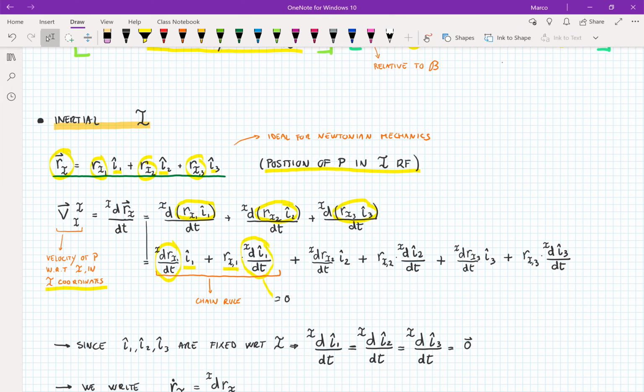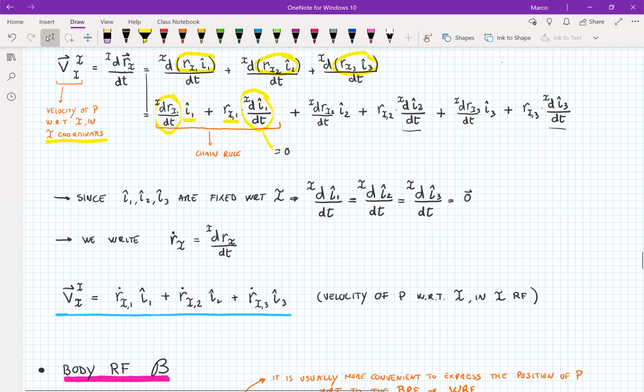When you're talking about the derivative of something with respect to time, you're calculating how much this quantity varies with time. So if the quantity is time invariant, then its derivative with respect to time would simply be 0. So dI1 over dt, dI2 over dt, and dI3 over dt with respect to I are 0.